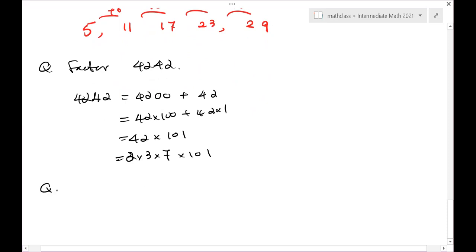Okay. Our next problem. We know that the product of 3 consecutive odd integers is 315. Can you find those numbers?